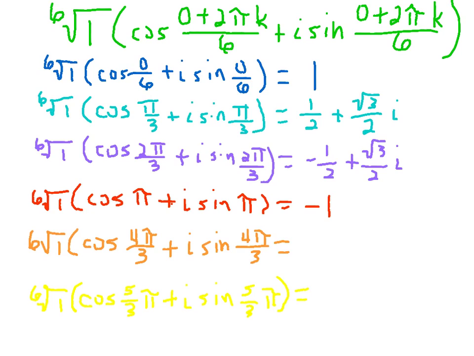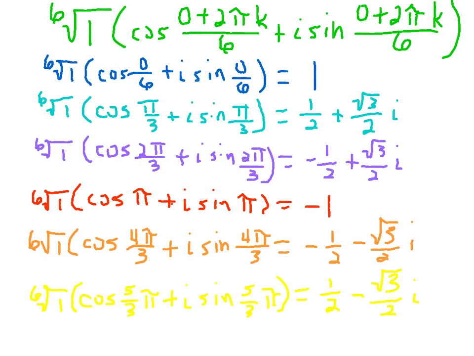The next to last is our negative 1/2 minus the square root of 3 over 2 times i. And then the last expression that we have is going to simplify down to 1/2 minus the square root of 3 over 2 i.